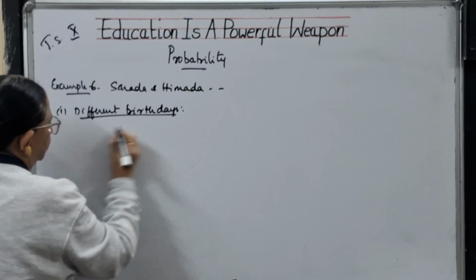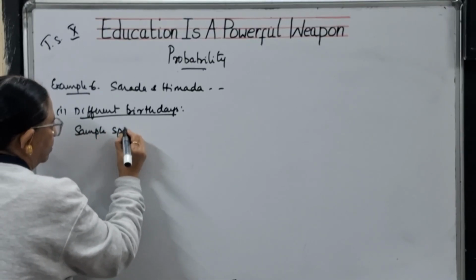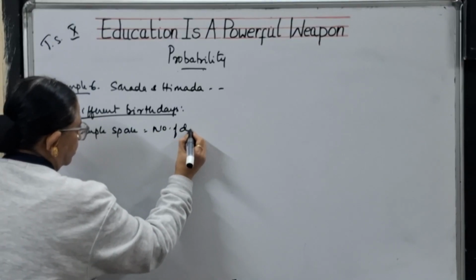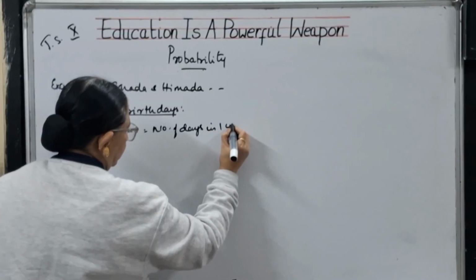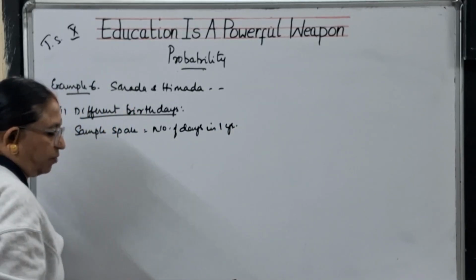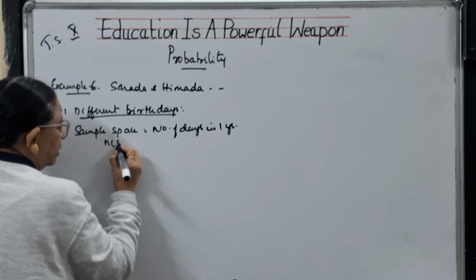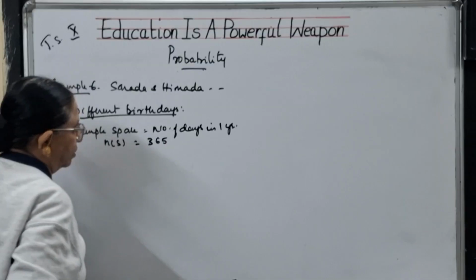First, let us talk about sample space. Sample space is nothing but the number of days in 1 year. See here, children, they have already given that ignore leap year. When you ignore leap year, n of s will be 365 days.